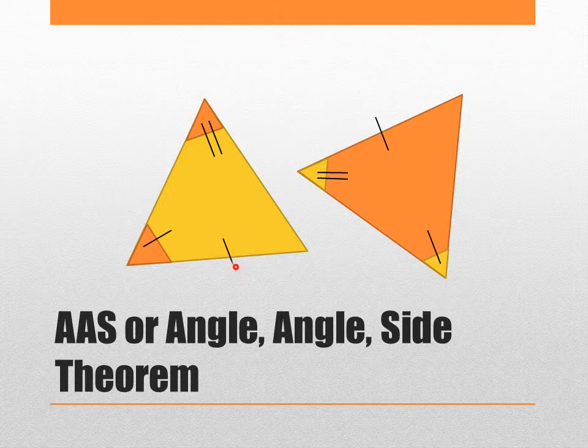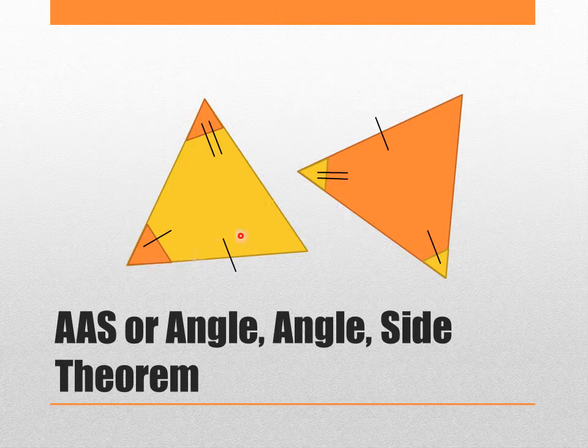Remember, the corresponding side is the side after two angles. After two angles, it may be here or here. But in this illustration, it is here and it is here. These signs allow us to know that these two triangles are congruent.